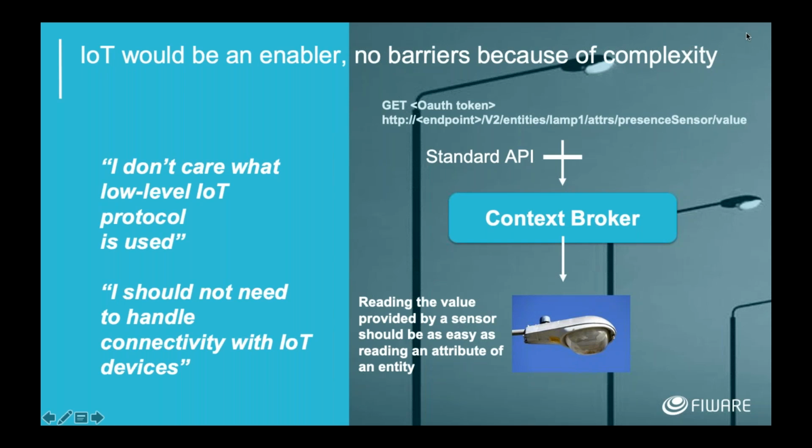However, if you can have an overriding context data layer above this, you can get things like this one API call, which we've got down on the top of the screen, saying we can get data by just having stuff on a well-known endpoint, v2 entities, / then the name of the entity itself, that's the ID, followed by the rest of the information. So this is getting the presence sensor value of that lamp 1.